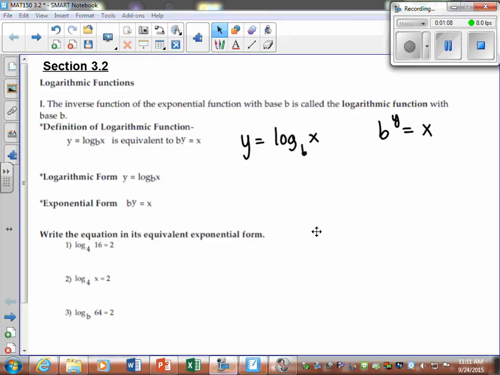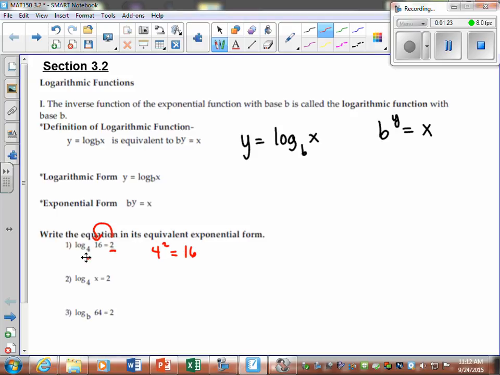For those of you who like patterns, we're going to say this raised to this equals this. So that would be 4 squared equals 16. Let's see that it matches up. What is the 4? This 4 is the b, our base, so that's why we start with 4. What is the 2?